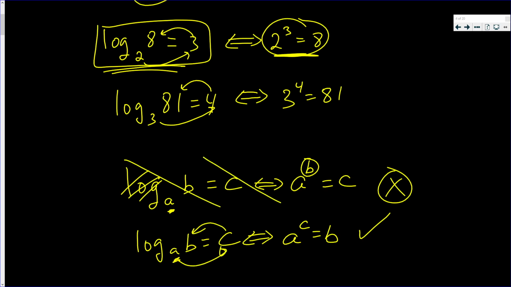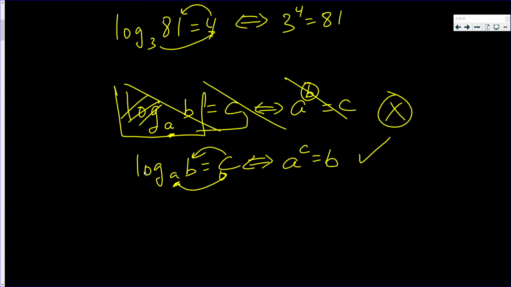This one makes no sense, because it's saying that you can just ignore the log. If this implied A to the B equals C, well then you wouldn't need the log.